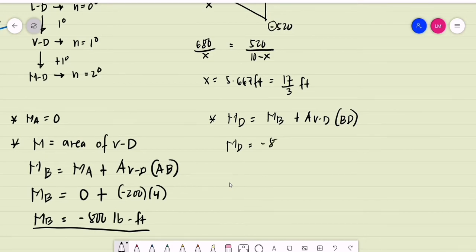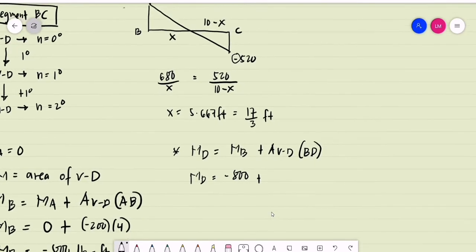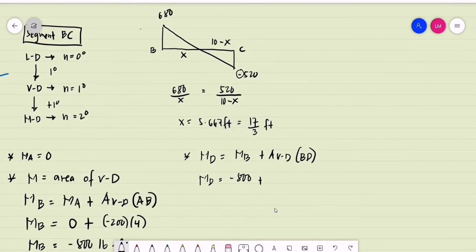This is negative 800, plus the area of the shear diagram for the segment B to D. That is 1/2, its base is x, that is 17 over 3 feet, or 5.667, and its height is 680.